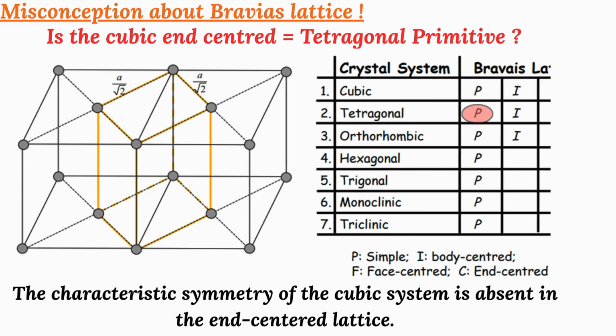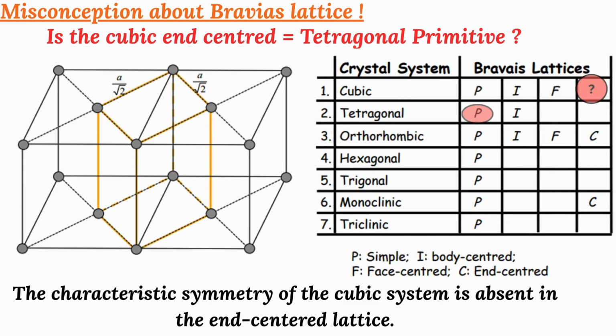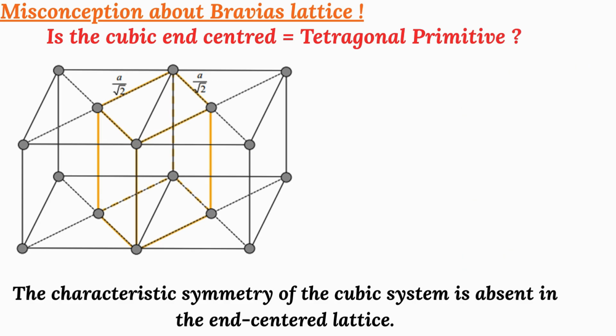That's why it is absent. It is not like that. For example, the way they explain is that if you put the diagonal angles, then the yellow color mentioned here looks like a primitive tetragonal. You can see a equal to b not equal to c. You can see the longer axis a and a by root 2 is the a and b axis. In this way people used to define.